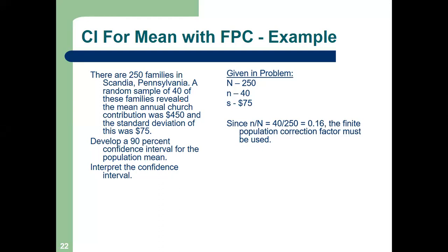Greater than. So what have you written in your copy? If small n by capital N is greater than 0.05, we will apply the FPC, finite population correction factor.